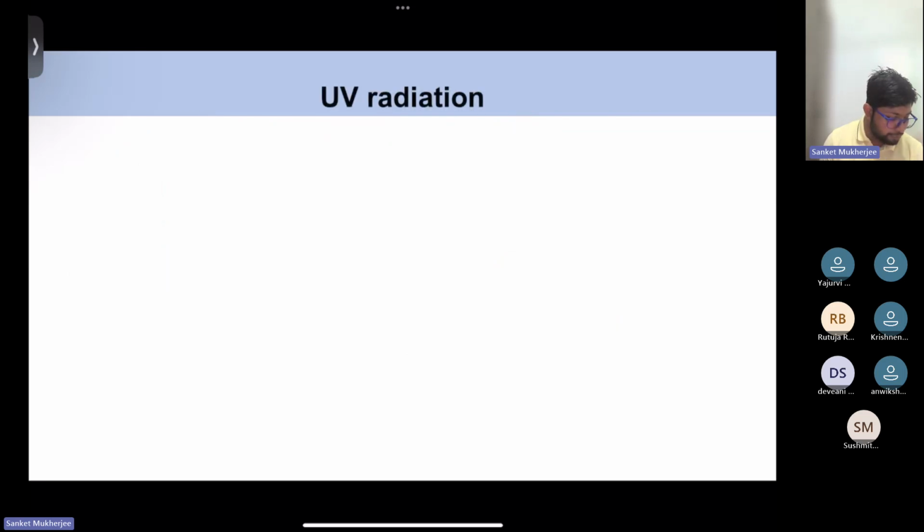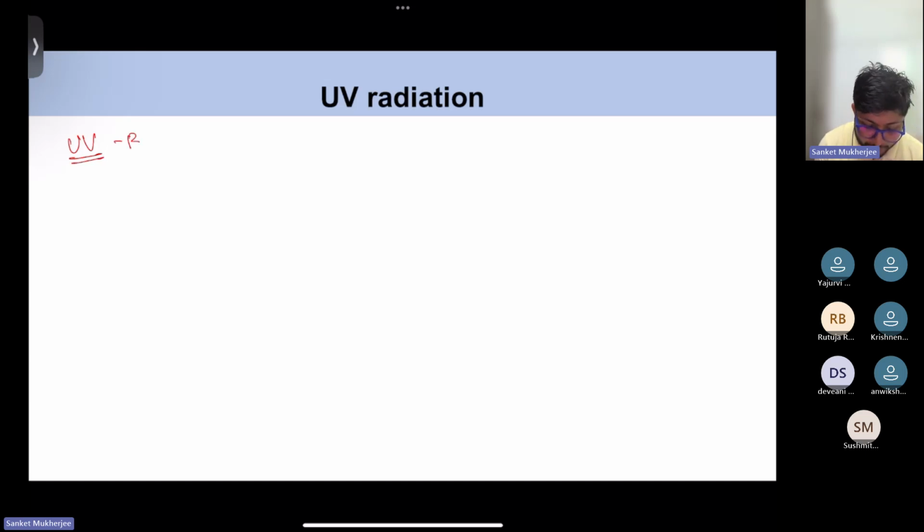If we talk about UV, UV radiation is another exogenous factor, which is the most effective and carcinogenic agent, right? It causes cancer and can damage the genome integrity of a cell. Now, due to UV, various photoproducts can be formed.